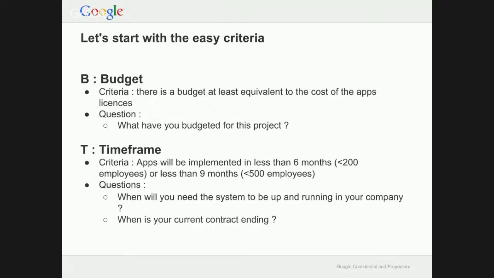Time frame. So I told you, typically now we're seeing these timeframes coming down. So a typical 200 employee company, you can see in less than 6 months that they could deploy a solution such as Google or Office 365 or any other solution for that matter. We see in mobile app development, they're really quicker sales cycles.